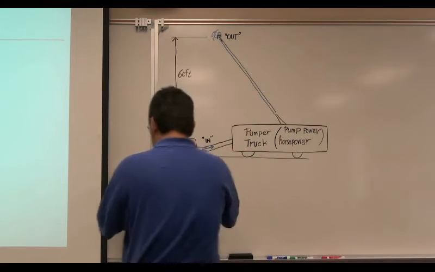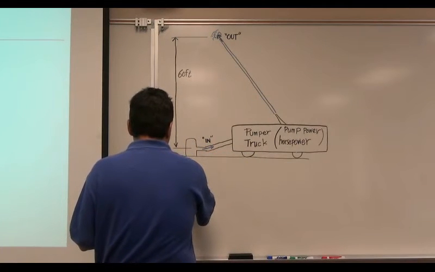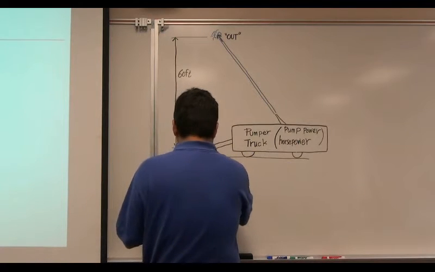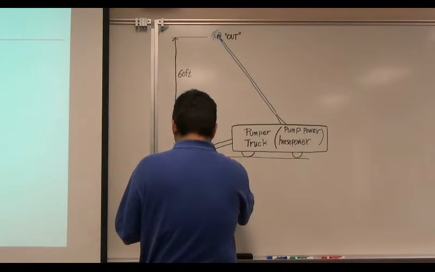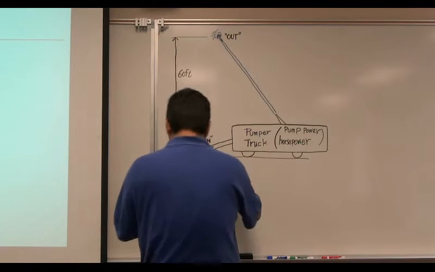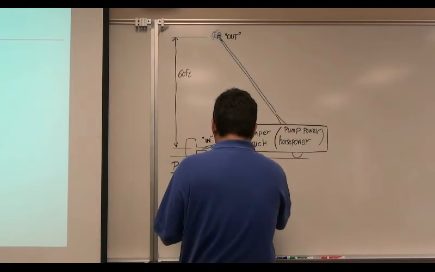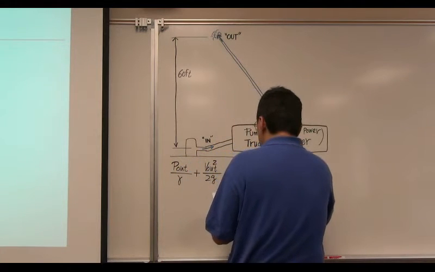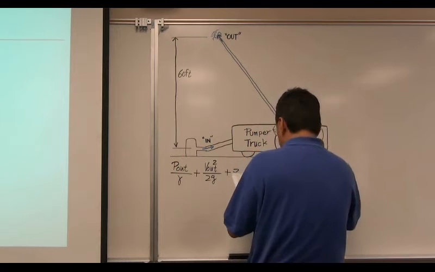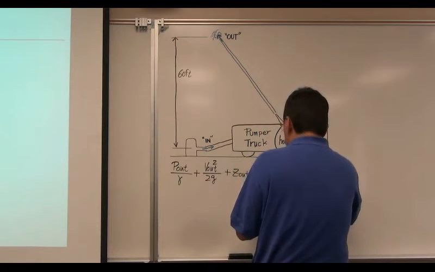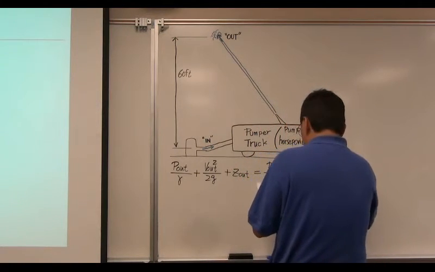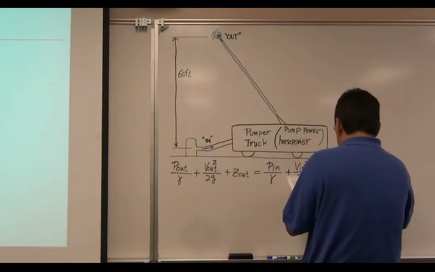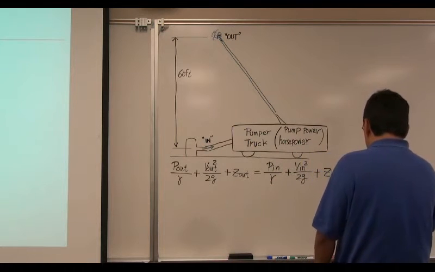So let's apply the energy equation. P out over gamma plus V out squared over 2g plus Z out is equal to P in over gamma plus V in squared over 2g plus Z in plus HS minus HL.